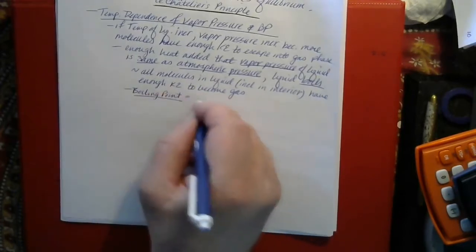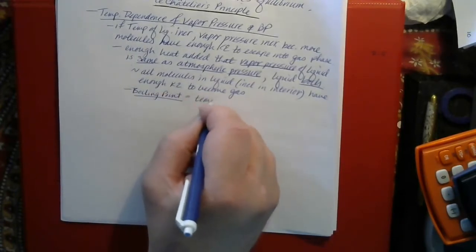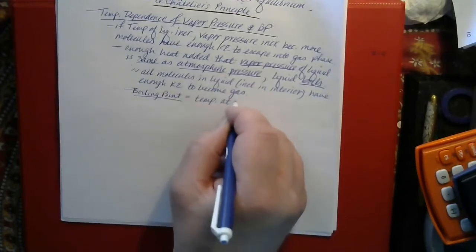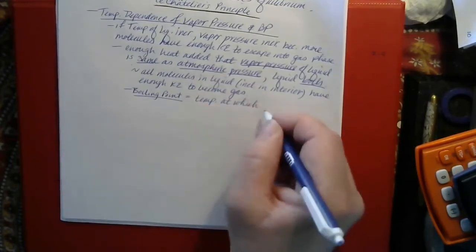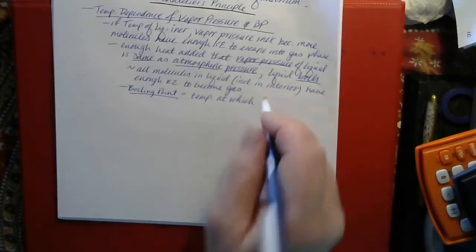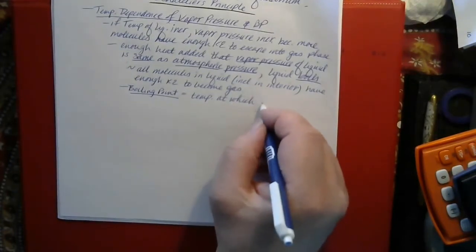So the boiling point is actually defined as the temperature at which the vapor pressure of a liquid is the same as the atmospheric pressure.